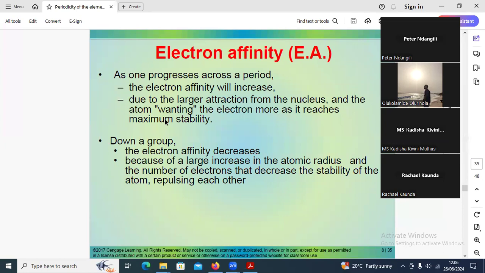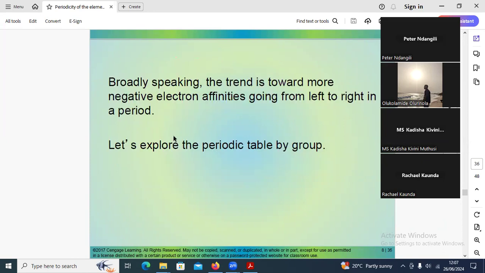Down a group, the electron affinity decreases, again because of the decrease in the effective nuclear charge, which we explained because the atomic radius is increasing due to extra energy levels that we are adding. So generally we can say that the trend is towards a more negative electron affinity as we move from left to the right of the periodic table.